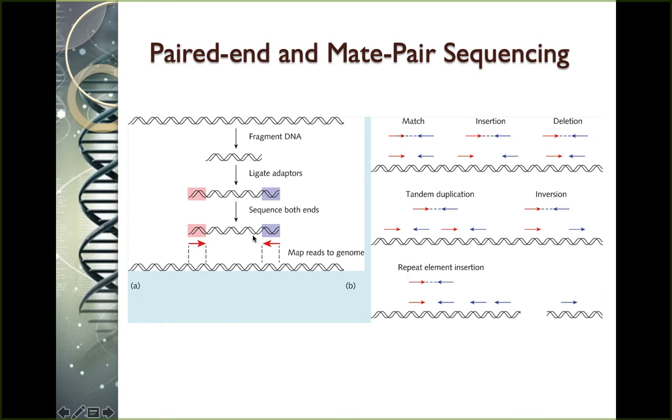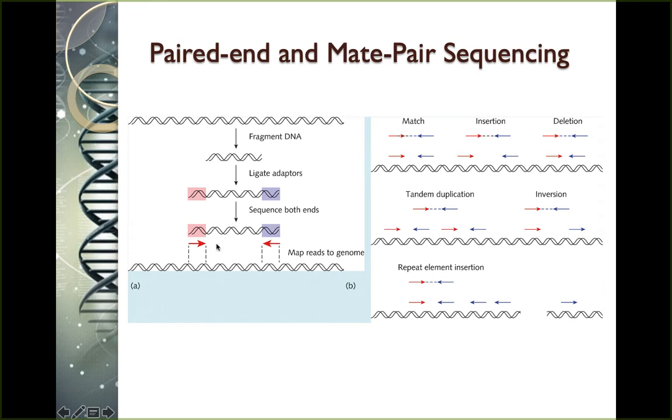What's powerful about that is that we know the two sequences that we generate come from the same piece of DNA, and we just have some unknown stuff in the middle. We might know how much space is there. We might not. We might just have a good idea of it. But that actually affords us a lot of power later on down the line.